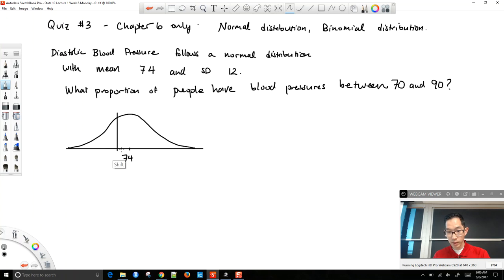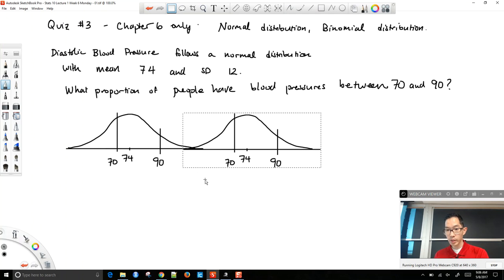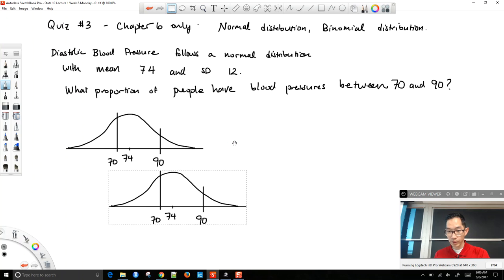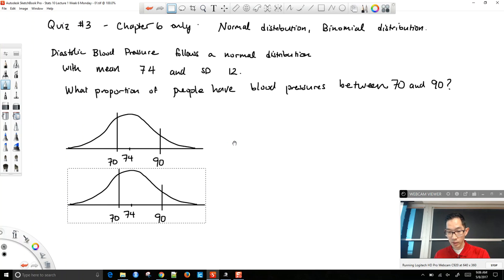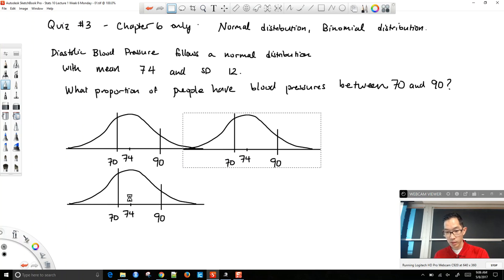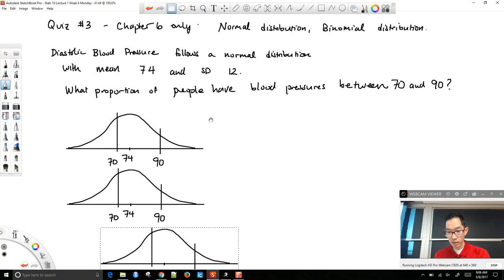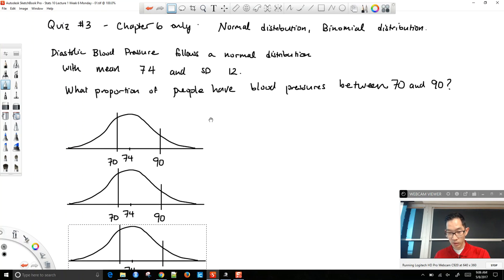I'm going to draw a line over here at 70 and a line over here at 90. And the way I will go about solving this is I'm going to shade everything over there.